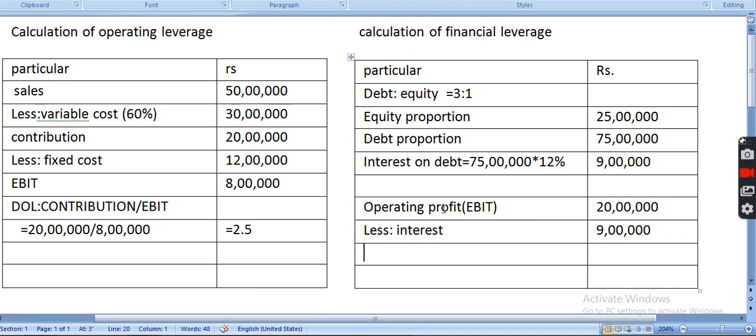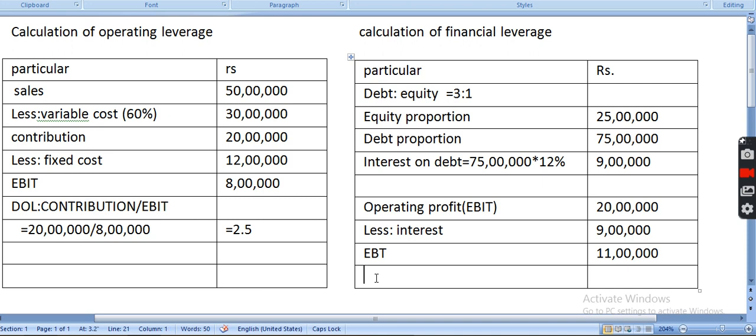So you will get EBIT minus interest. First you have to remember the structure: sales minus variable cost, then contribution minus fixed cost, so you will get EBIT, operating profit, minus interest, so EBT, minus tax, earning after tax, minus preference dividend, so earning available to equity shareholders. We already discussed the formula and structure. This chapter is totally based on formulas, and you just have to remember the structure. So EBIT minus interest, you will get EBT: 20 lakhs minus 9 lakhs, so 11 lakh rupees.